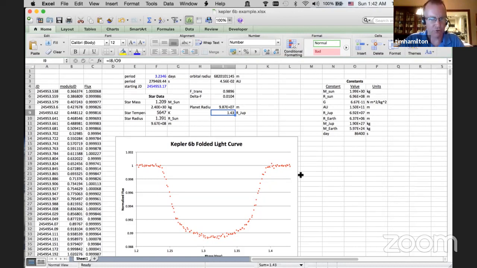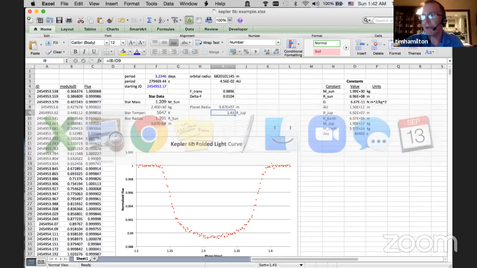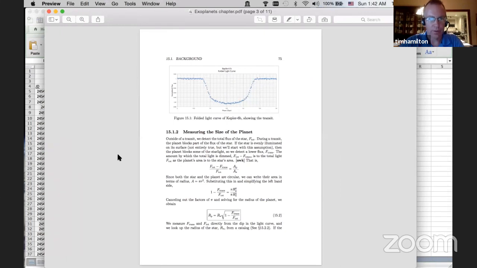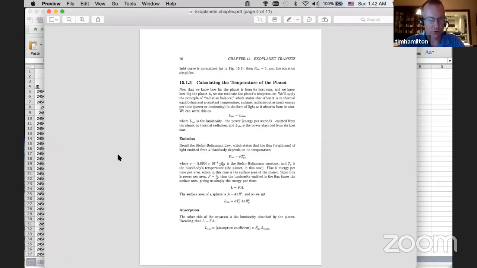Let's find the temperature. Now, to do that, we need to use what's called radiative balance. We'll go on to section 15.1.3 in the Exoplanets chapter.